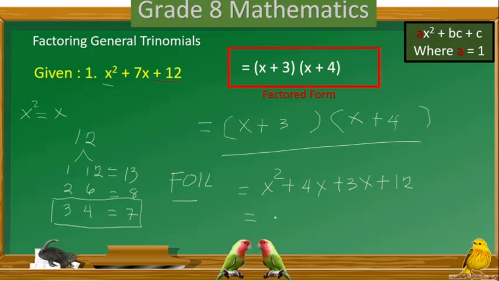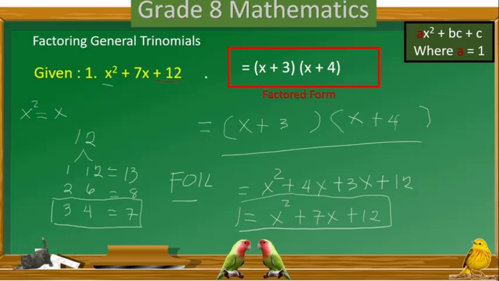Combine all like terms: 4x plus 3x is positive 7x, then the last one is positive 12. We can say that our answer, quantity x plus 3 times quantity x plus 4, is correct, because when we multiply it, we get the same product as the given.